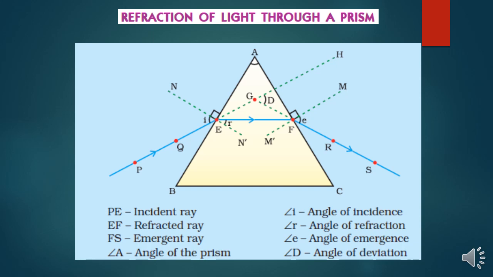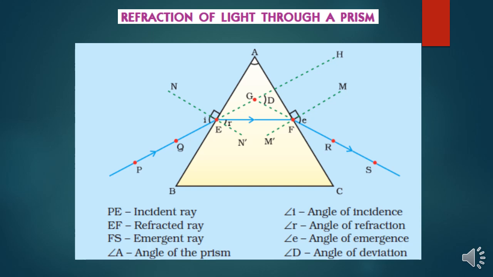Then you will move to the opposite side, that is the side AC of the prism. You will try to get the images of those pins. Wherever you get the images of P and Q, you will mark those points as R and S and put another pins over there, and connect that line.